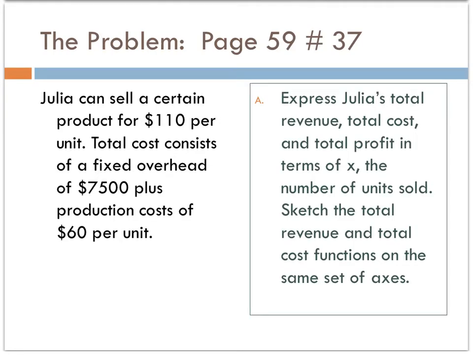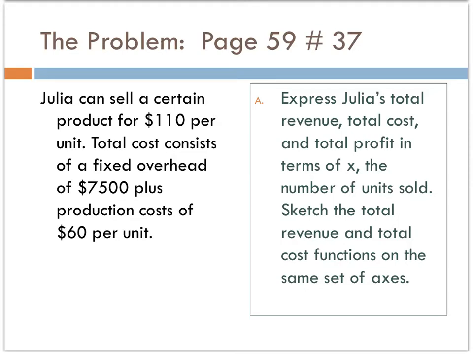So as we work this problem, the first thing we're asked to do is to express Julia's total revenue, her total cost, and her total profit in terms of X, the number of units sold. We're also asked to sketch the total revenue and total cost functions on the same set of axes. The reason we want to graph those on the same set of axes is so that we can see where those functions intersect.